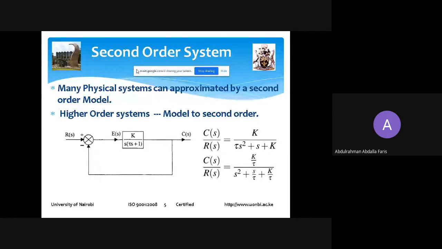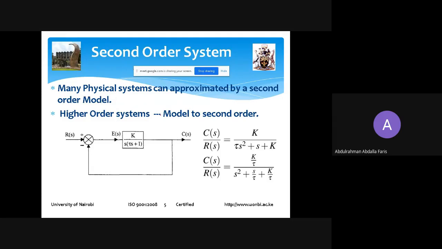Once you have modeled a system that is maybe to the power of 4 or 3, it's easier to remodel it as a second order system, because many of the tools are standardized for second order systems.